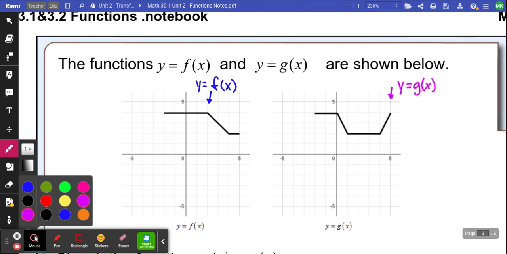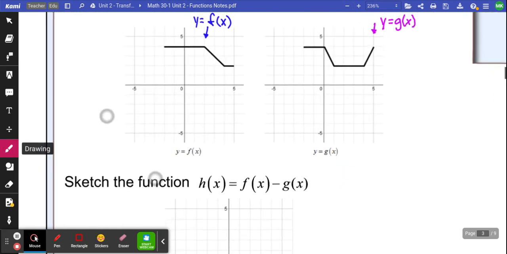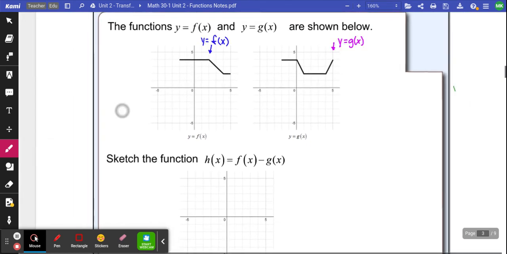It does say it at the bottom of the graph, but I just want to make sure that you are on the same page that I am on. All right, let's subtract them. Sketch the function h of x equals f of x minus g of x.